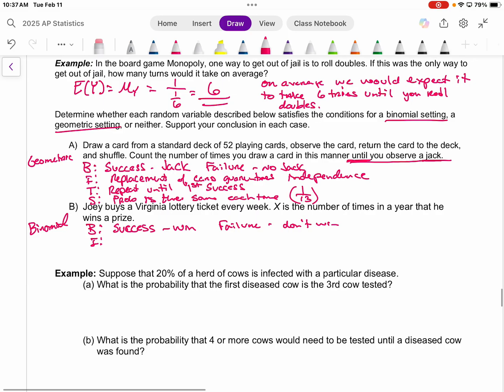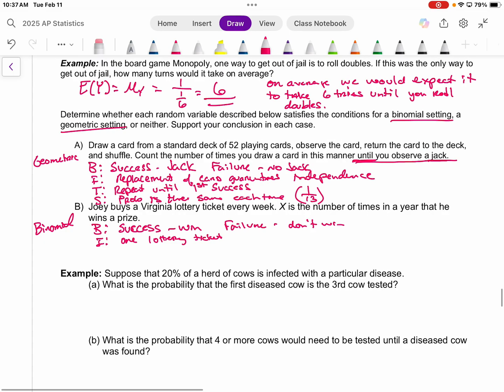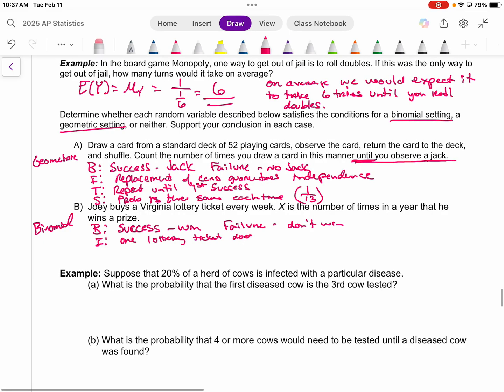So one lottery ticket doesn't affect another. Or we could say 1 week doesn't affect the other when I do it.